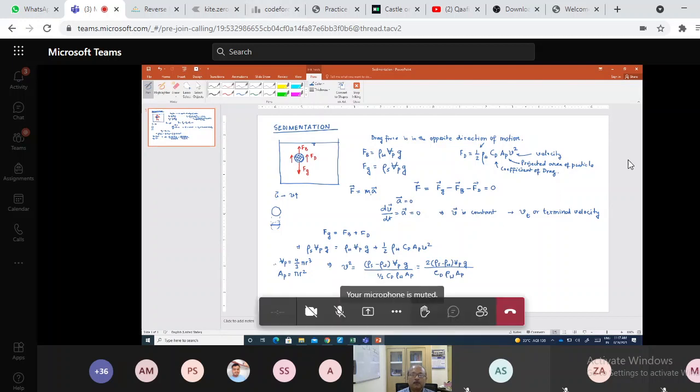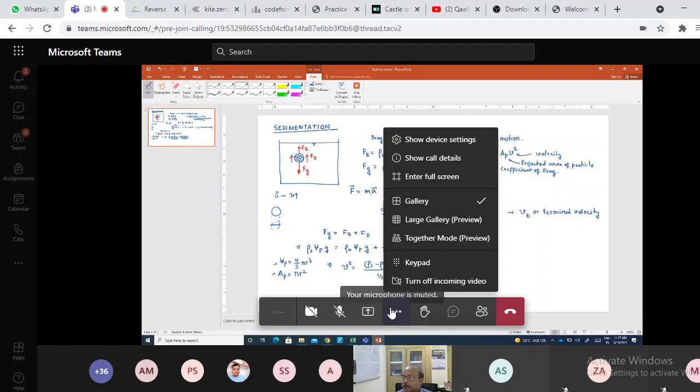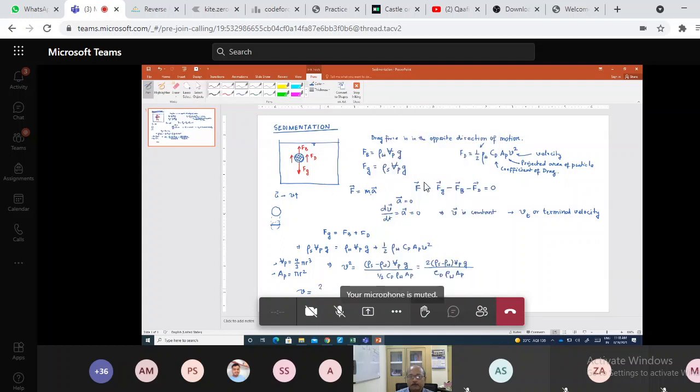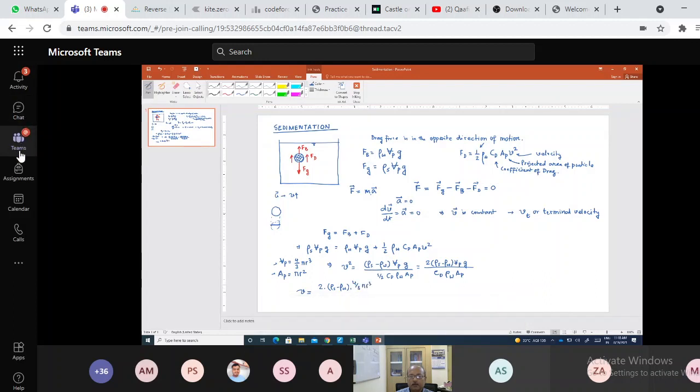Now plugging in the values Vp and Ap from here, what we get is 2 here, and then rho S minus rho W, and Vp is 4 by 3 pi R cubed.